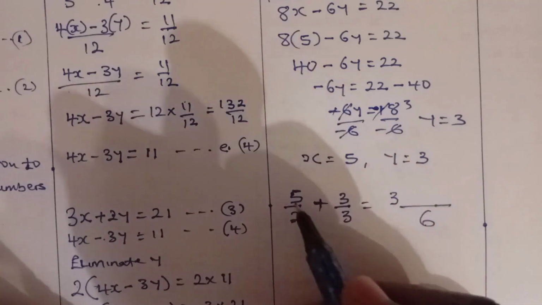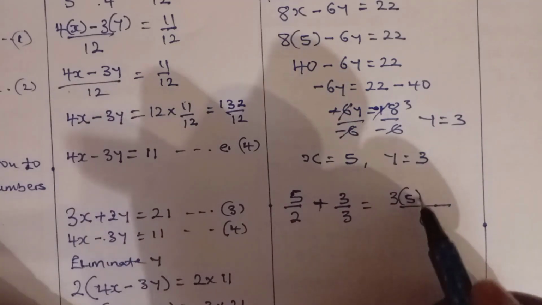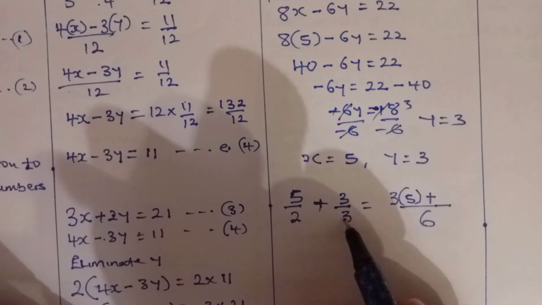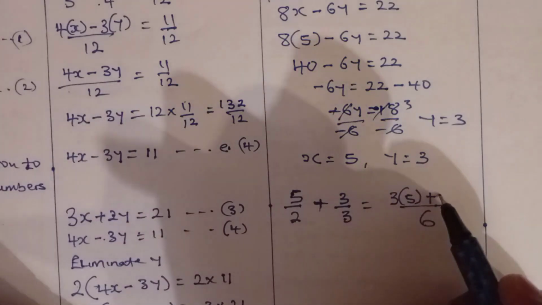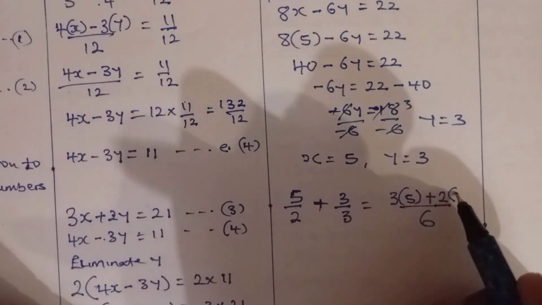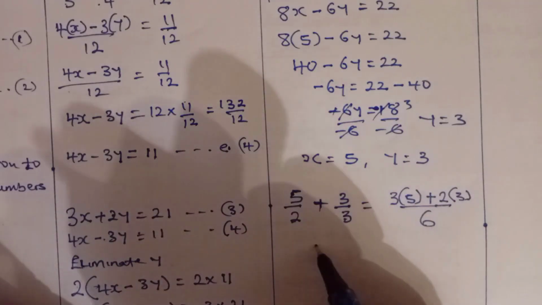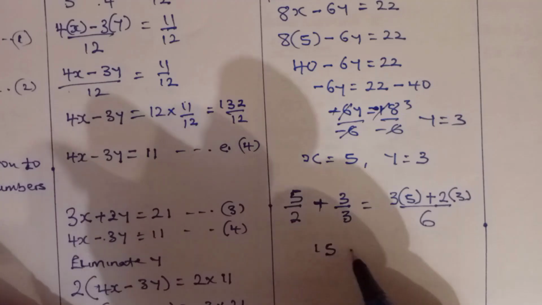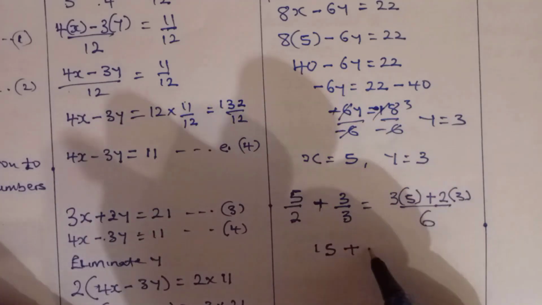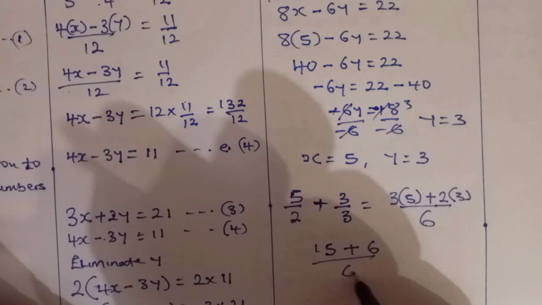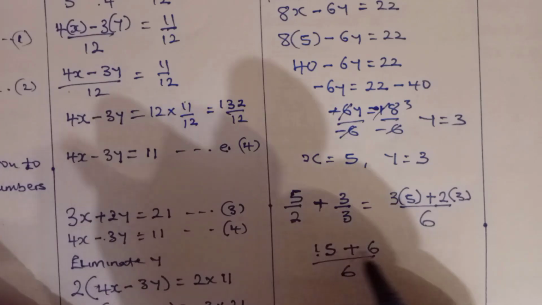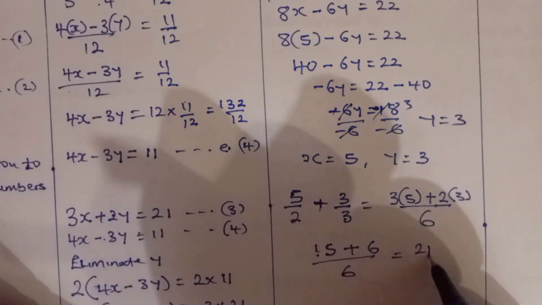So we have 3 times 5, plus 6 divided by 3 will give us 2, times 3. So 3 times 5 is 15, right? Plus 2 times 3 is 6, all over 6. So 15 plus 6 is going to give us 21 all over 6.